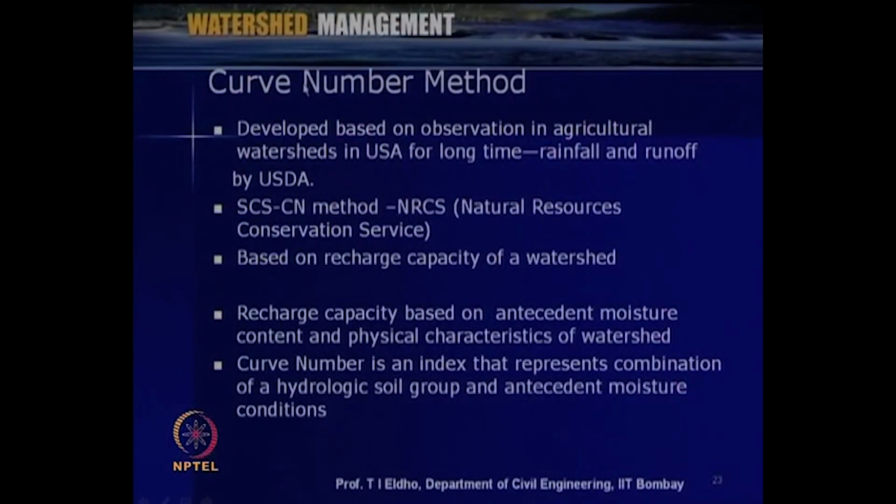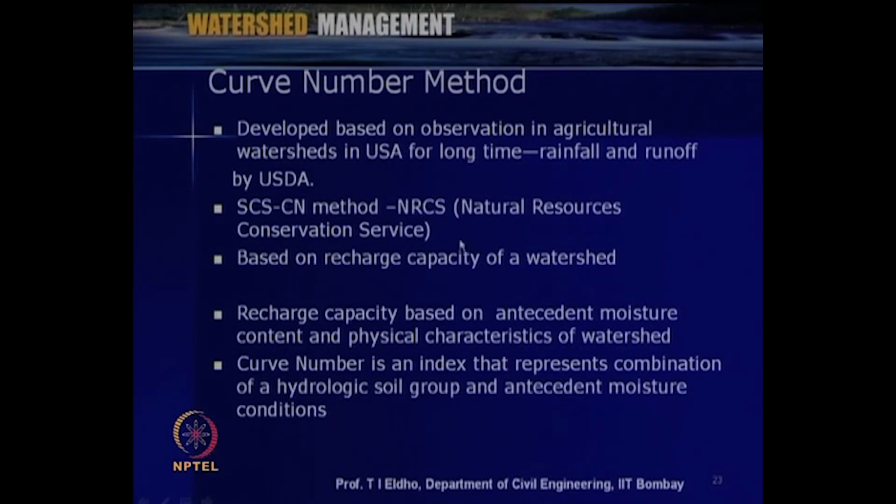The SCS curve number method was developed based on observations of rainfall and runoff in agricultural watersheds by the United States Department of Agriculture in a number of watersheds in the USA over a long period, in the 1940s and 50s. Nowadays the SCS curve number method is called the NRCS, Natural Resources Conservation Service, curve number method.